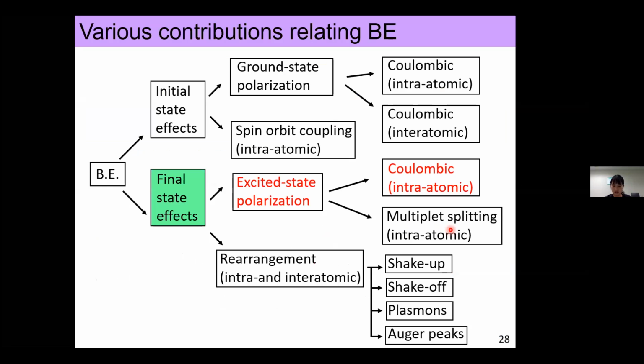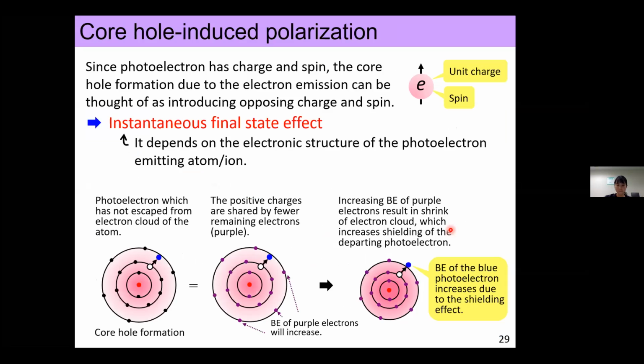So I will explain about core hole-induced Coulombic interaction first. Since the photoelectron has charge and spin, the core hole formation due to the electron emission can be thought of as introducing opposing charge and spin.